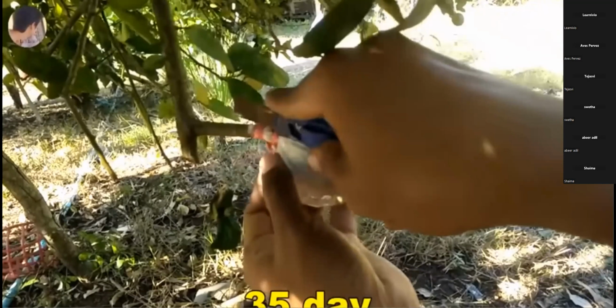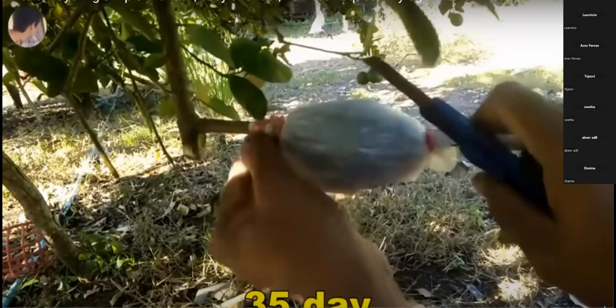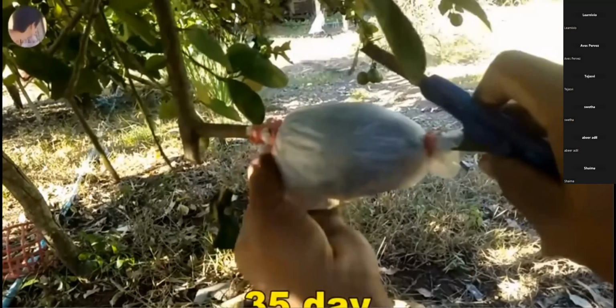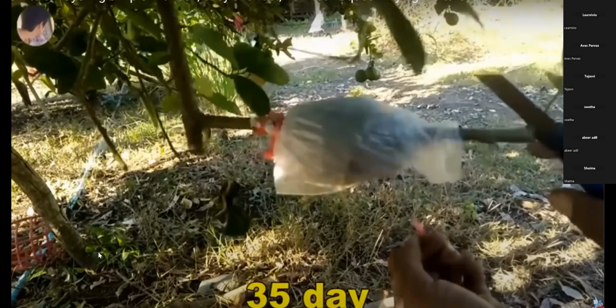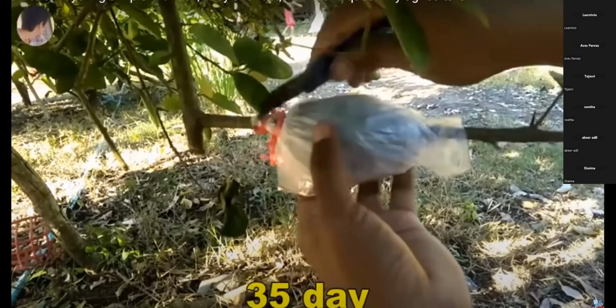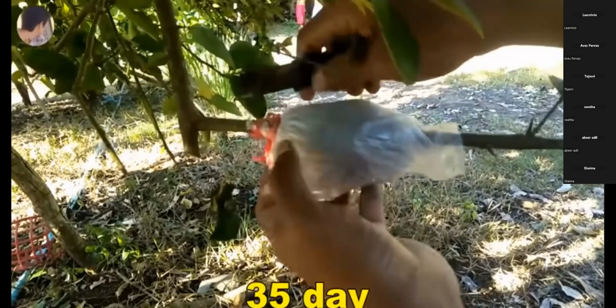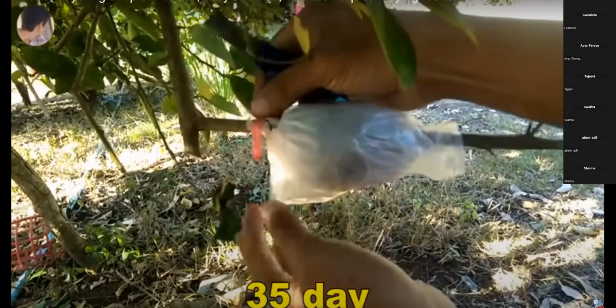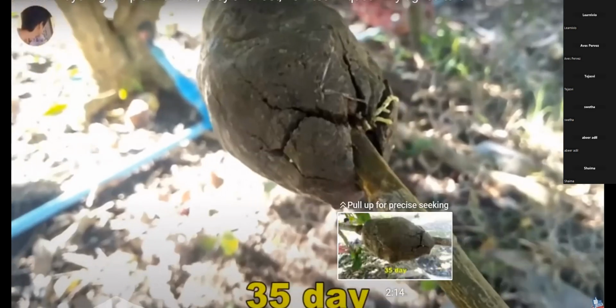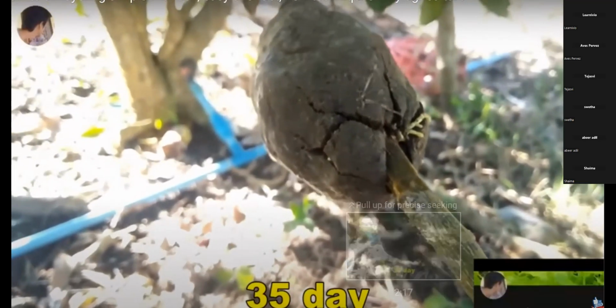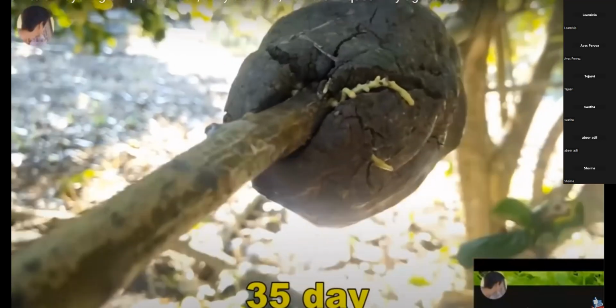The 35th day, it is showing like this. After 35 days, it has been removed here and new roots arise.